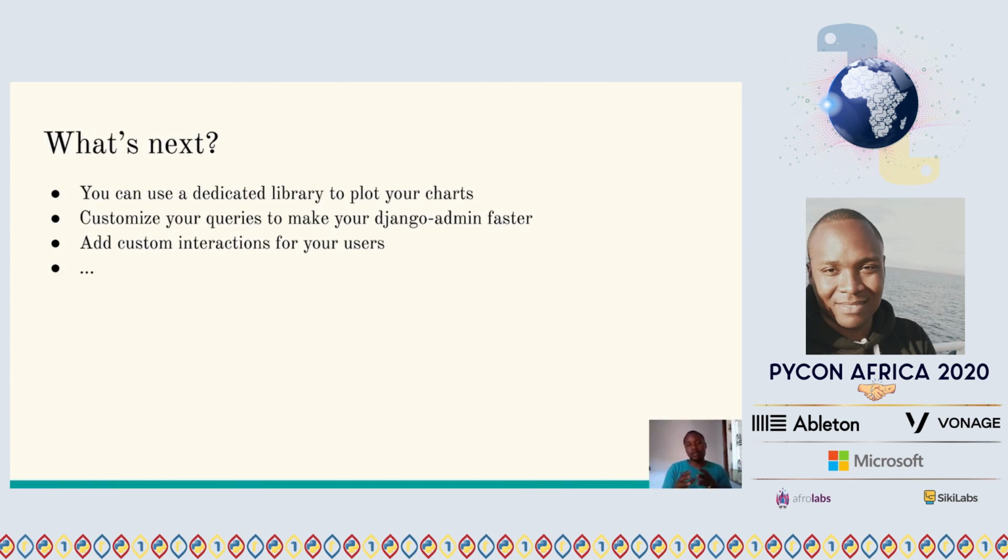For those that are used to Django and Django-admin in particular, you know that if you don't quite understand how query sets are made in Django, then your application can be a bit slow. I've been experiencing it myself, and trust me, annotations and aggregations are very powerful tools that you can use in Django to make it faster.